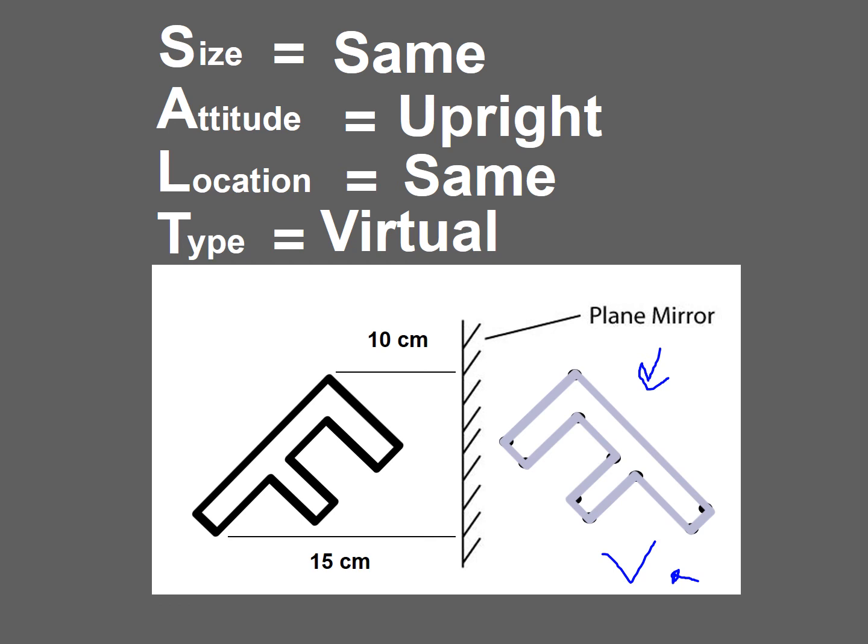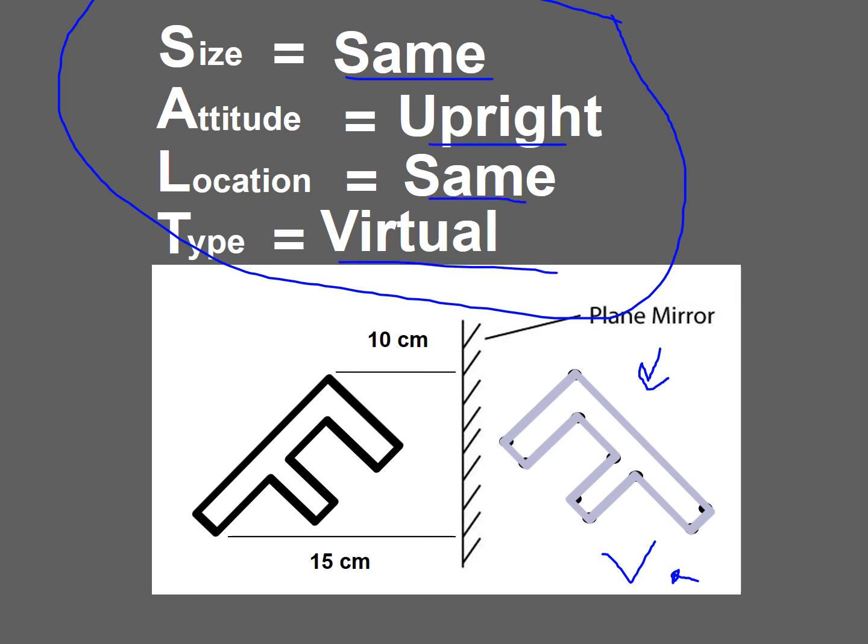It is a virtual image. Now, as we get into curved mirrors, the SALT is going to be different a lot. There are 5 different locations you can have objects in, and so you're going to have many different outcomes for these SALT characteristics. But when we're talking about a plane mirror, you always have the same 4 outcomes. Not very exciting, but at least it's consistent.